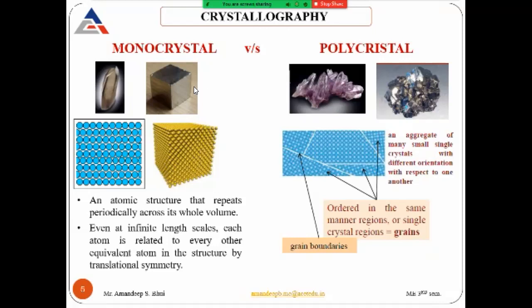But in the case of polycrystals, the grain orientation changes after a certain part, and the final crystal that is formed is not an ordered crystal but a disordered crystal extending itself in different directions. So these are your monocrystal and polycrystal solids.